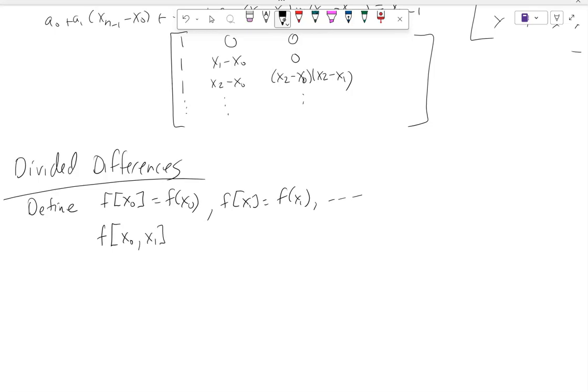Let's say I have f bracket x naught, x1. Then that divided difference is f of x1 minus f of x naught, over x1 minus x naught. These need to be brackets.